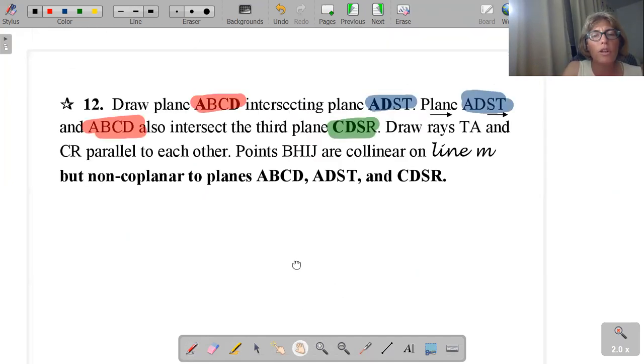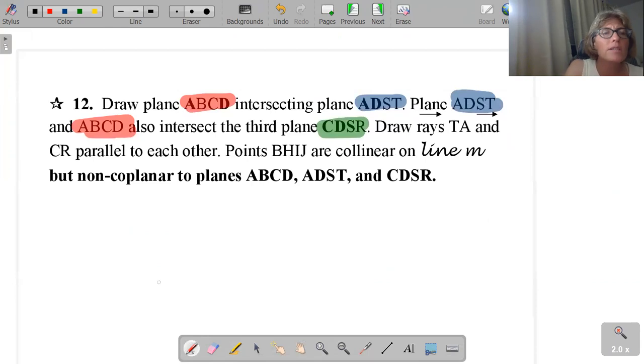Watch very carefully. Between the first and second plane, notice they share A and D. That means they are hinged at AD. And then, between the second and third plane, we have DS right here. That means they're hinged at DS.